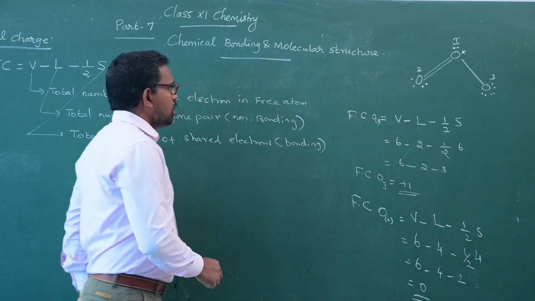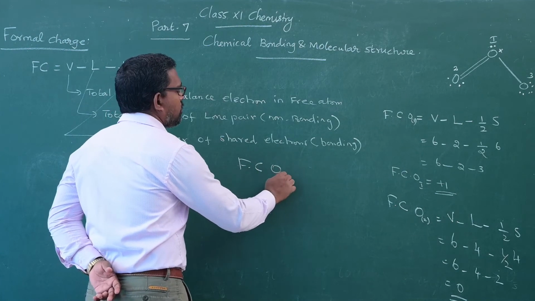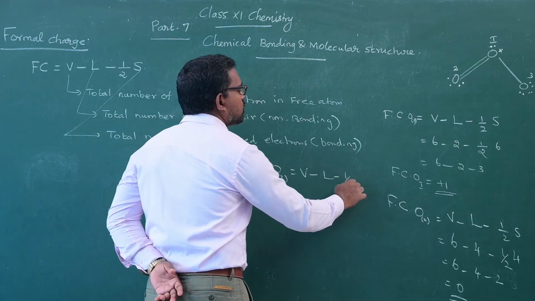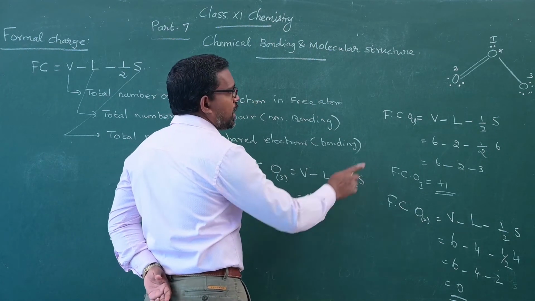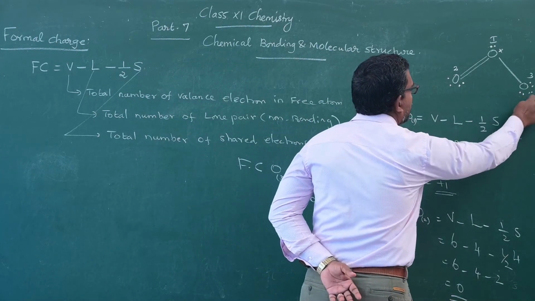And similarly, the formal charge of the third oxygen atom. Formal charge of oxygen 3 is equal to V minus L minus 1 by 2 into S. Valence electrons 6, lone pair electrons: it consists of 3 lone pairs, that is 6 electrons.